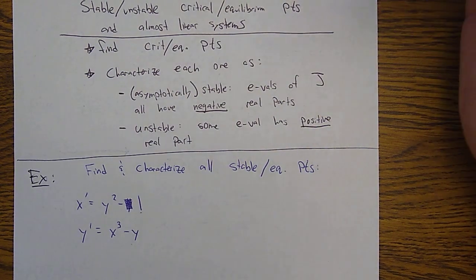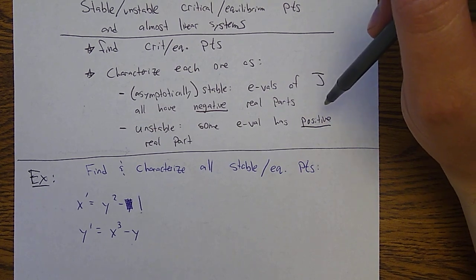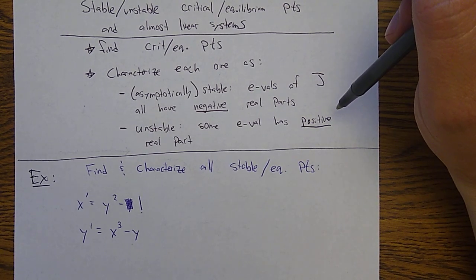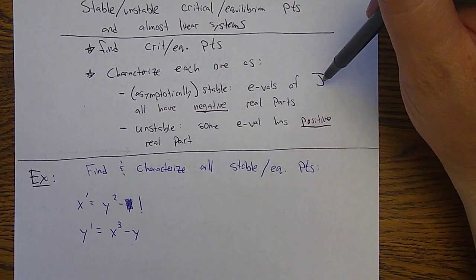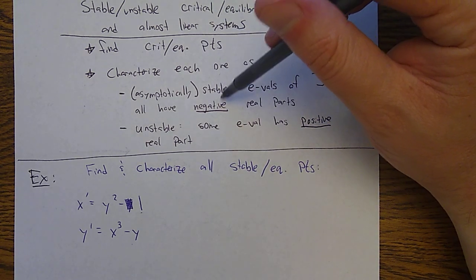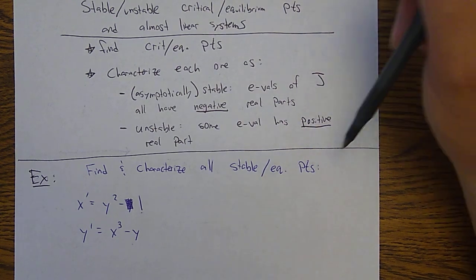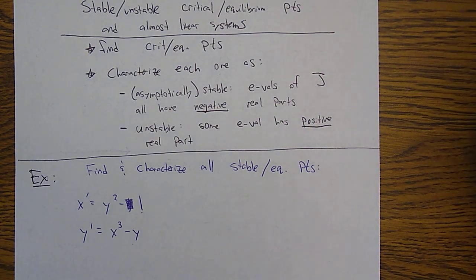I'm not going to give you an inconclusive one on the test because I just want everything to be conclusive. So you just have to find the eigenvalues of the Jacobian, and if all the real parts are negative, then you say stable, and if any of them has a positive real part, you say unstable. As far as we're concerned, that's all you need to do.